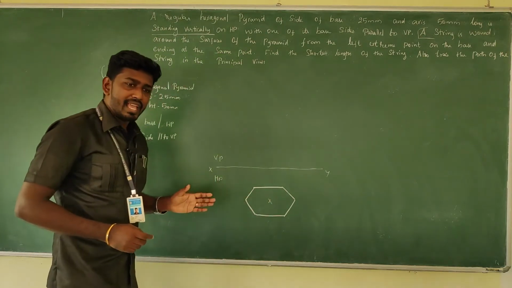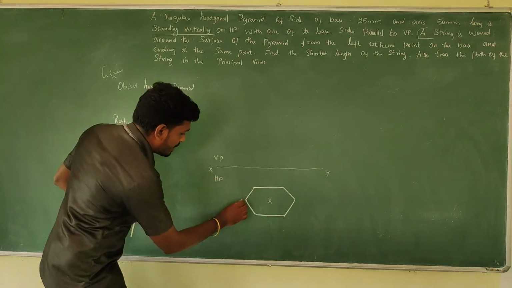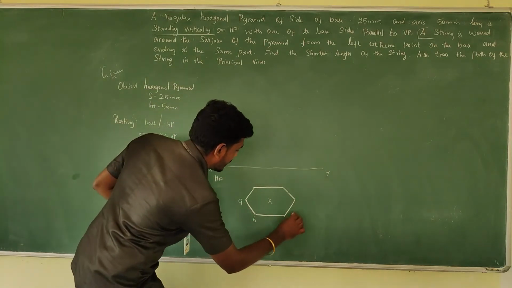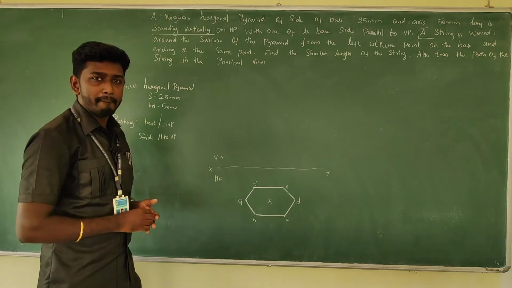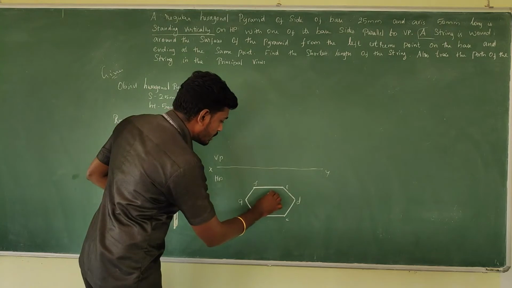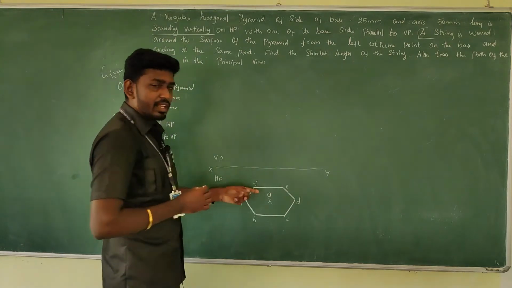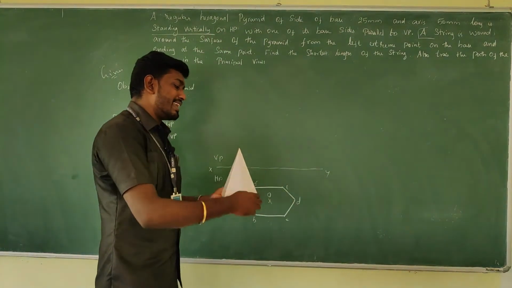And now see, it's a pyramid. Pyramid in the sense it has a base and an apex. For the base, I am going to name the corners A, B, C, D, E, and F. And it has an apex, for which I am going to give O. It's a pyramid, so in the top view all the slant edges are visible.